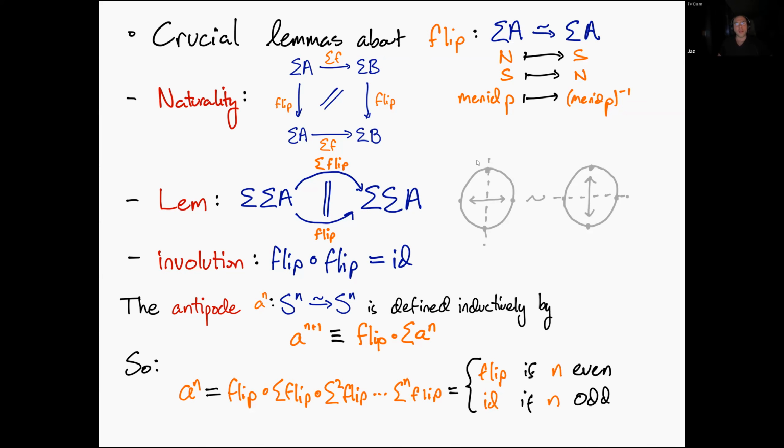It's this one, flipping over the y-axis. Whereas the outer flip is flipping the second coordinate, flipping over the x-axis. So it swaps plus and minus y.